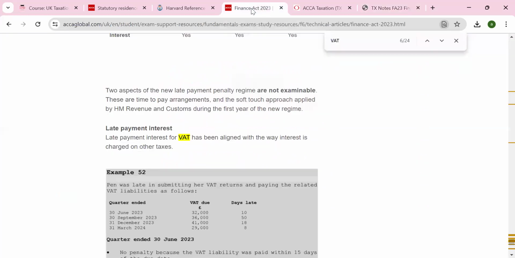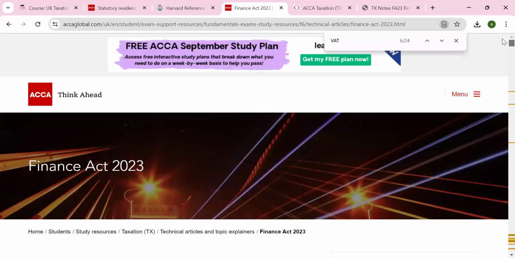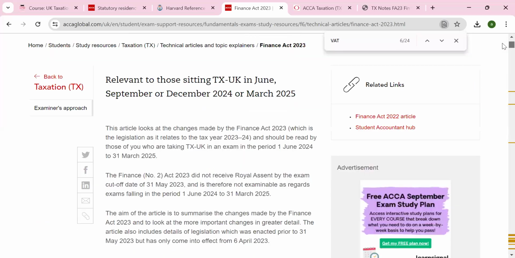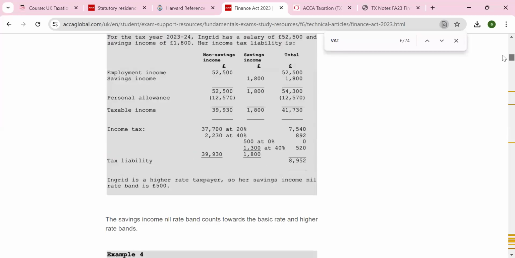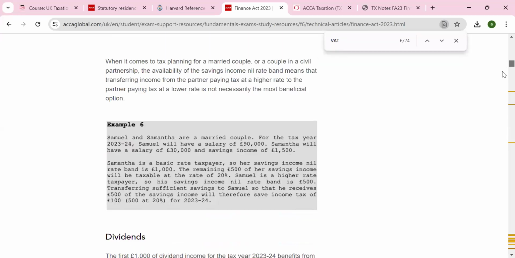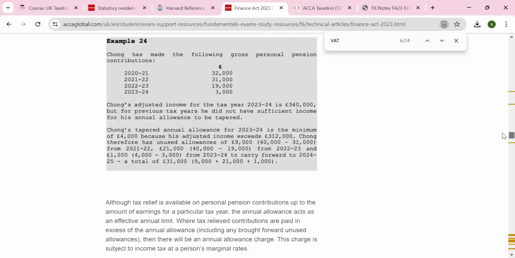Other than that, as I mentioned earlier, you can look around this ACCA Finance Act 2023. You can pick an example and use it for yours. You will see the example, and underneath you can contextualize your discussion.